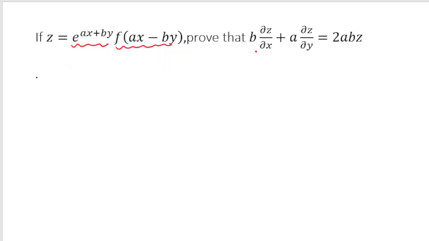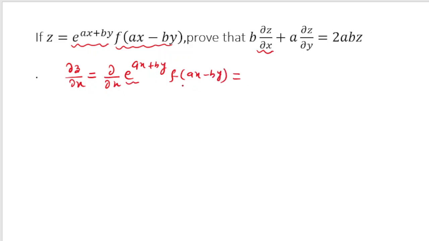So to solve this, first of all we have to find del z by del x. So how do I find del z by del x? That is del by del x of e to the power ax plus by into f of ax minus by. So I have to use the product rule. This has the first function and this has the second function. So e to the power ax plus by and derivative of this function.